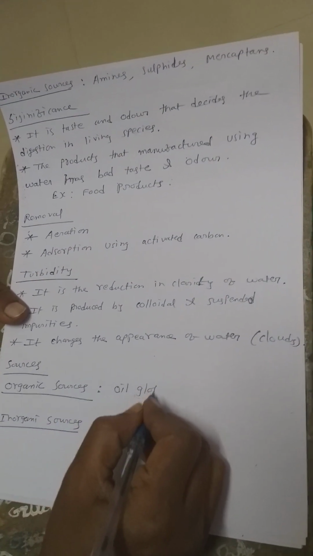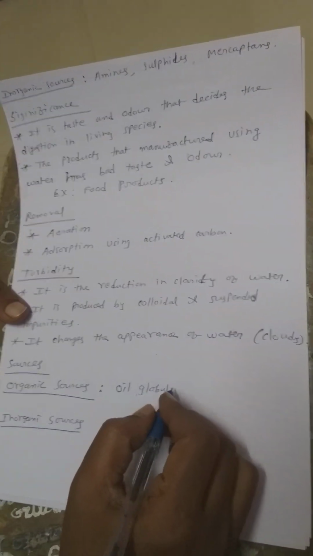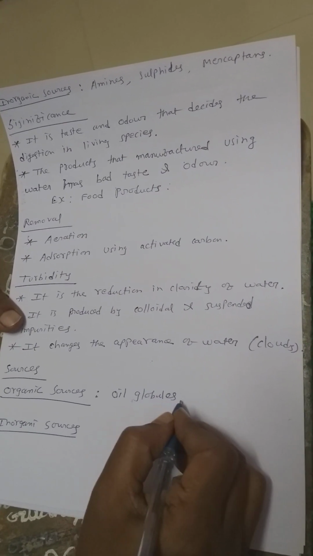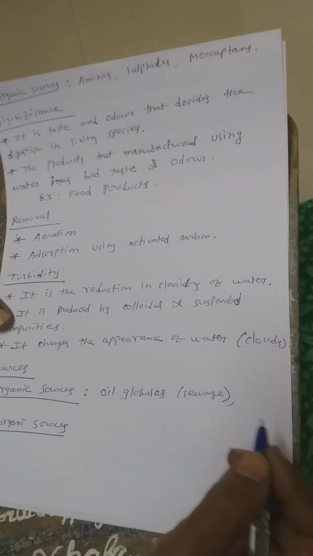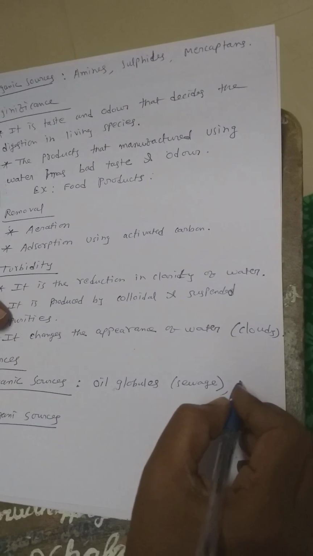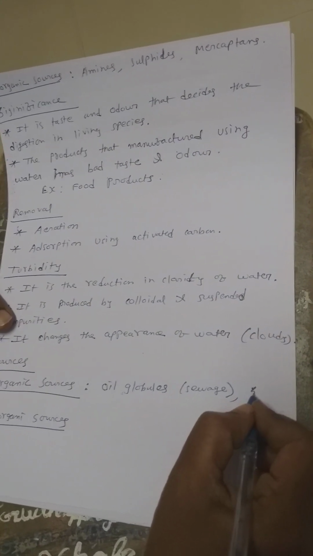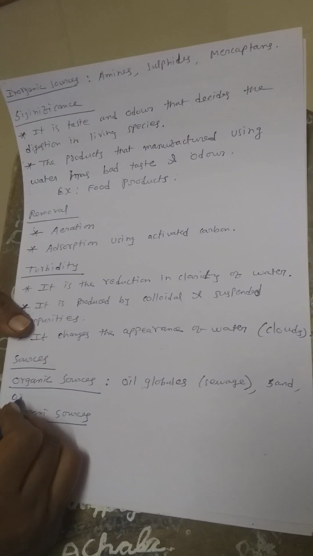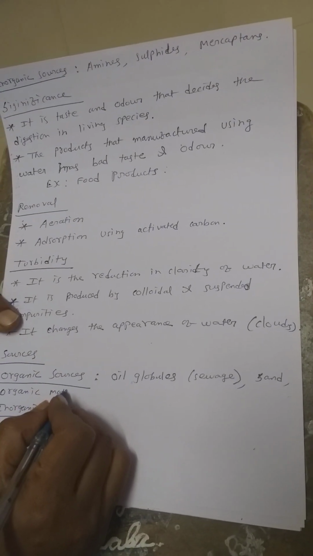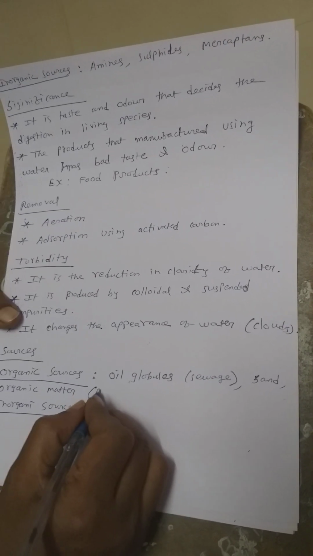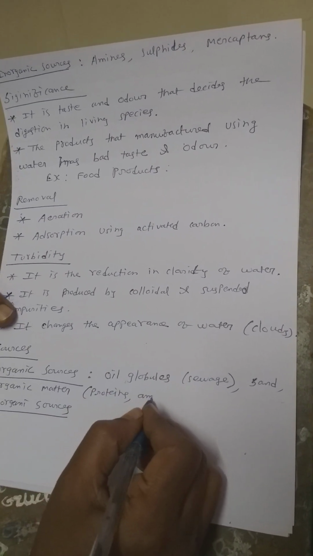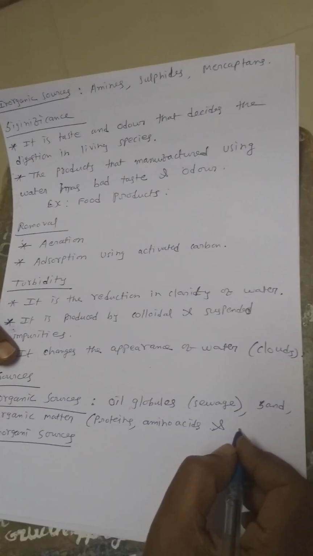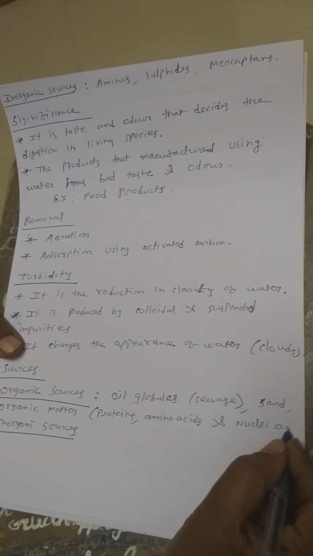Under organic sources, the list of materials that create turbidity in water is oil globules present in sewage, presence of sand, and organic matter which is present in living cells, that is proteins, amino acids, and nucleic acids.